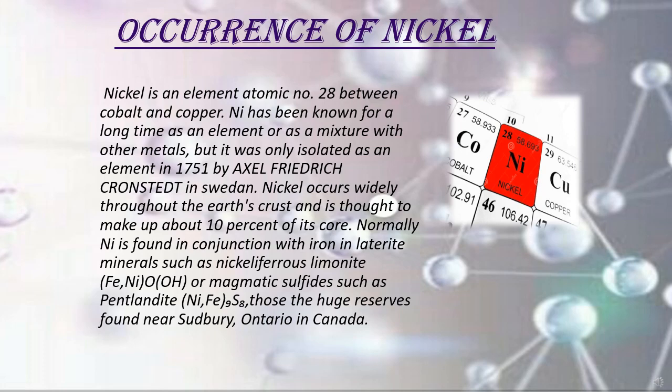Nickel occurs widely throughout the Earth's crust and is thought to make up about 10% of its core. Normally, nickel is found in conjunction with iron in laterite minerals such as nickel ferrous limonite, or magmatic sulfides such as pentlandite. There are huge reserves found near Sudbury, Ontario in Canada.